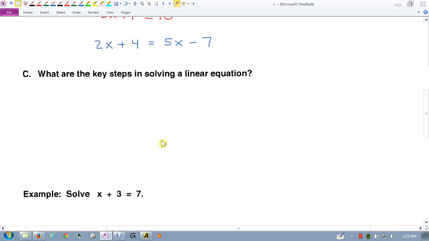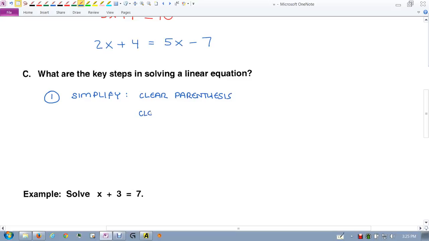All right? The first step is to simplify. I'll write what I mean by simplify here. Simplify, clear any parentheses. We don't have any in the problem I put up there, but if there were, we would want to clear them.